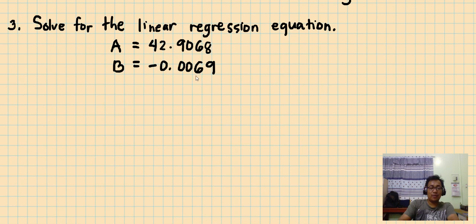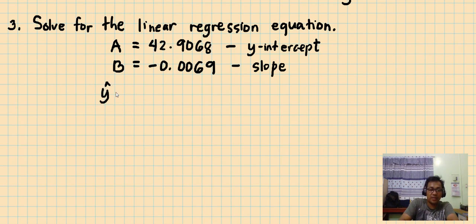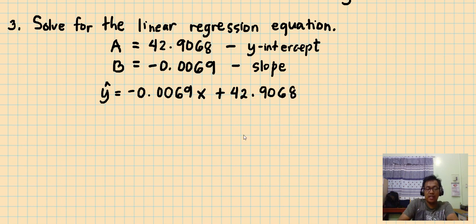Our linear regression equation therefore, di ba, yung A natin is our y-intercept sa ating linear regression line. Itong B naman is the slope of the line, okay? So therefore, ang ating linear regression equation is y hat is equal to the slope, negative 0.0069, and then lagyan lang natin ng x, and then plus 42.9068.